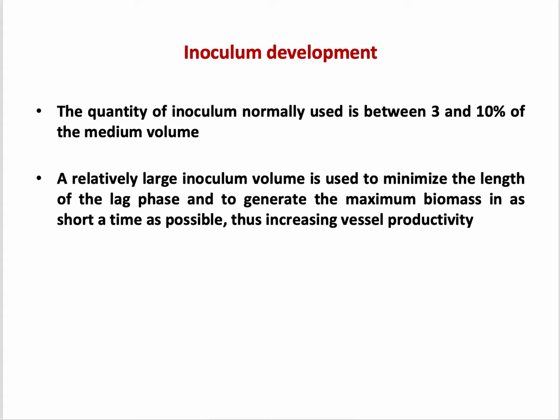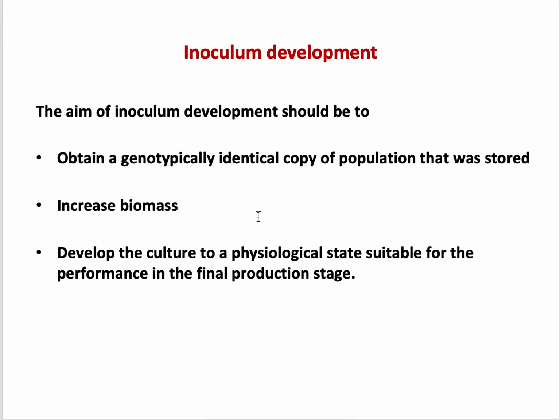And the aim of inoculum development should be to obtain a genotypically identical copy of the population that was stored, and to increase biomass, meaning we have to prepare a large amount of cells to add into the fermenter.